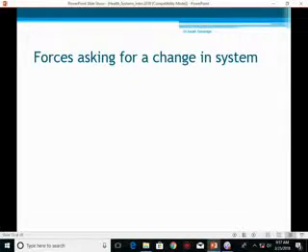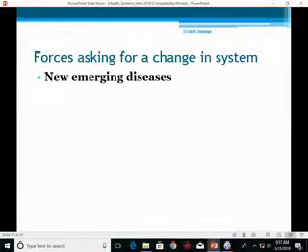So, what determines change? What are the factors that contribute if we need to change? We can't have the same system continuing. From time to time we need to change. What are the forces that will ask for a change in the system? Emerging new diseases. We had to change the system. When HIV/AIDS came, it was a completely new disease and we had to change completely.